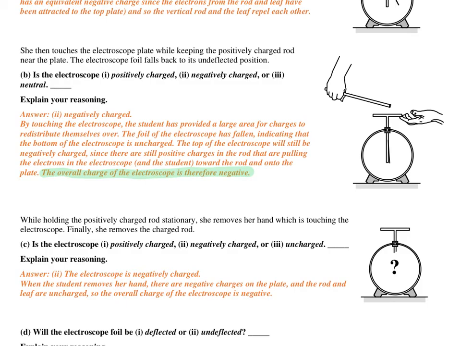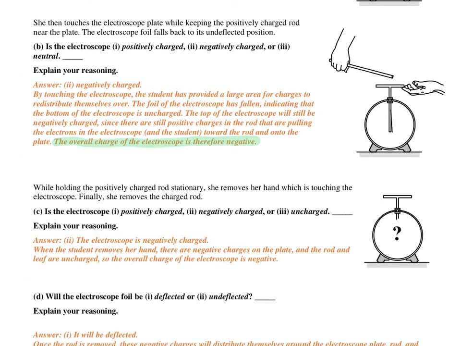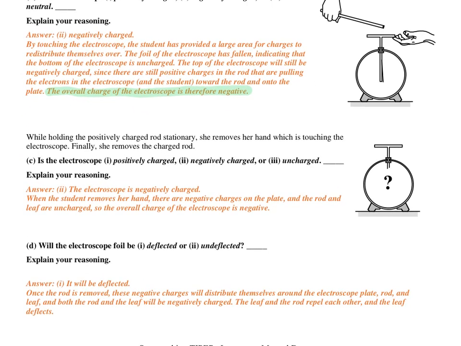All right? So this situation takes us all the way around the block. A neutral scope that obtains a deflection because of a positive electric field drew electrons to the plate, thus producing an electron deficiency in the rod and leaf part of the system, and therefore a lifting of the leaf.